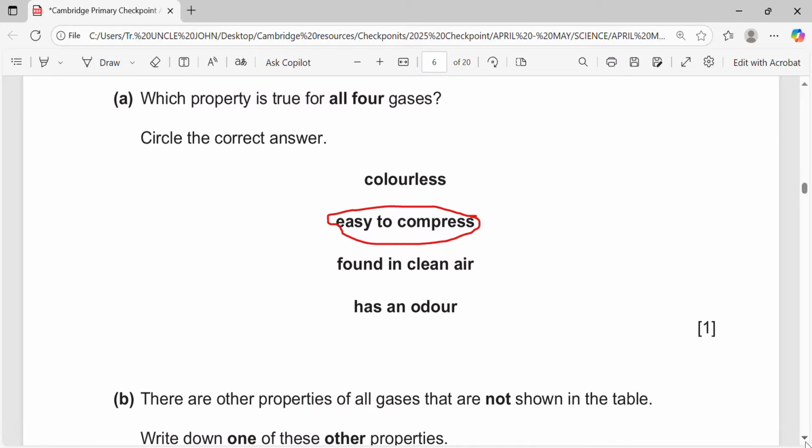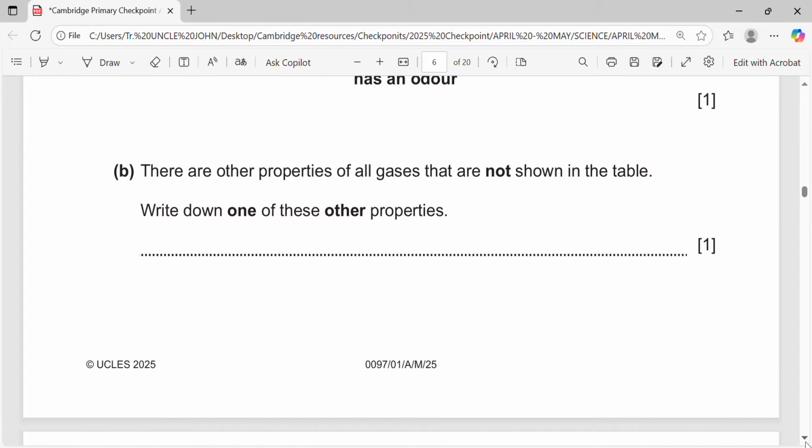We continue with B. There are other properties of all gases that are not shown in the table. Write down one of these other properties. You can say mass.